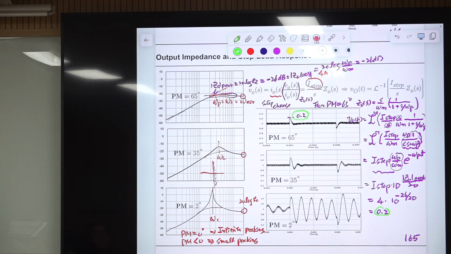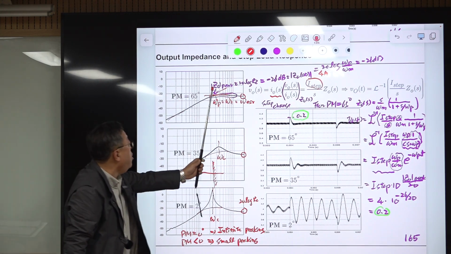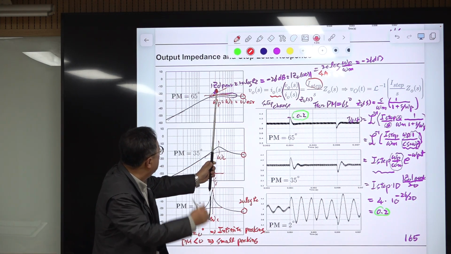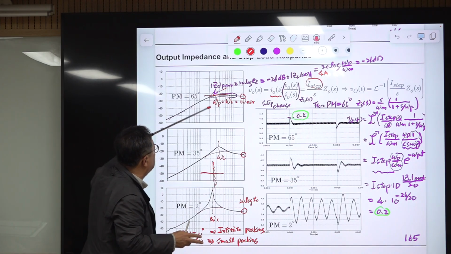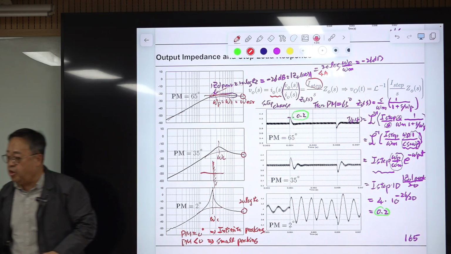Okay, and another thing is this time constant is the time constant of this transient response. Let me use this red one. This is the dominant pole because it is the only one pole occurring here. So this is the omega p.